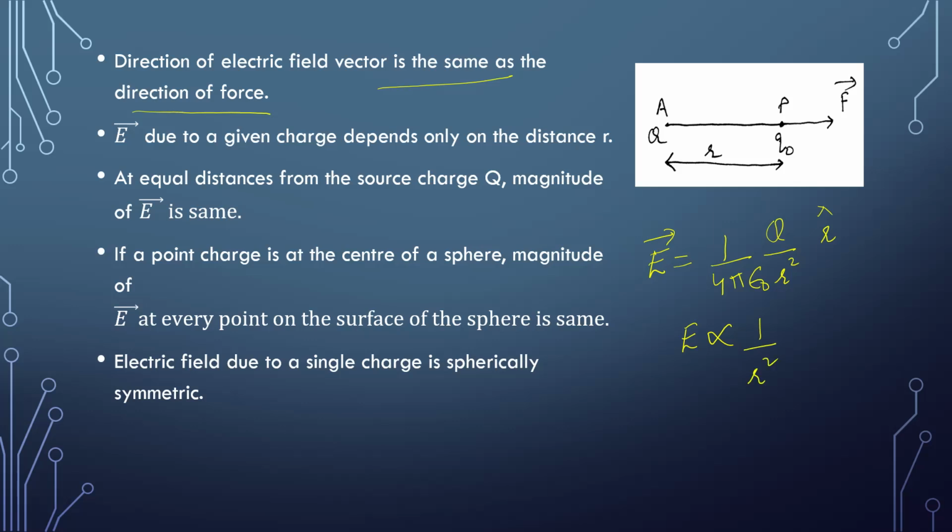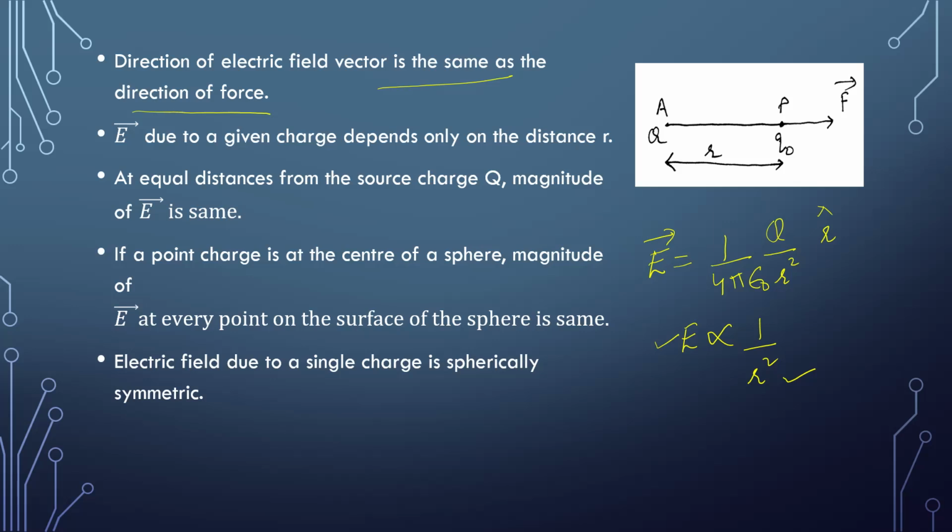So E depends upon 1 upon r square, that is, it depends upon the distance r. As the distance r goes on increasing, the magnitude of field will go on decreasing, because E is inversely proportional to r square, right?